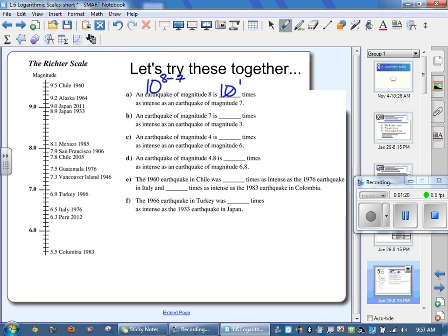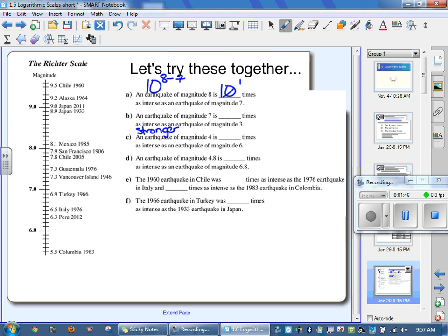And when you read through that first section, we know that each point on our Richter scale, so from 7 to 8, 8 to 9, each one of those increases by 10-fold. So it does grow exponentially. So let's see here. An earthquake of magnitude 7 is how many times as intense, as strong or stronger, than an earthquake of magnitude 3.